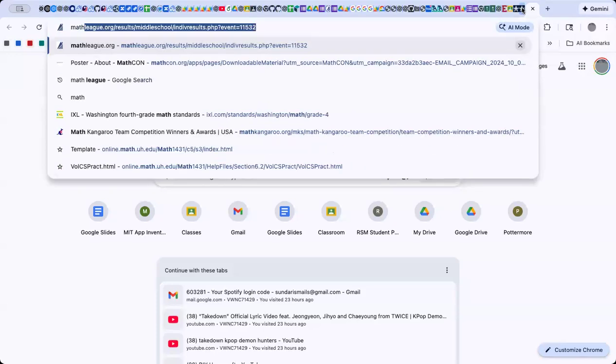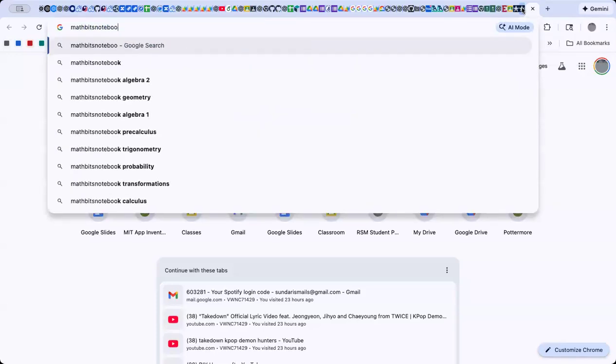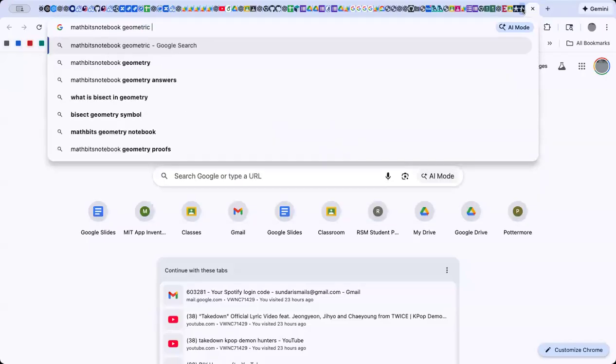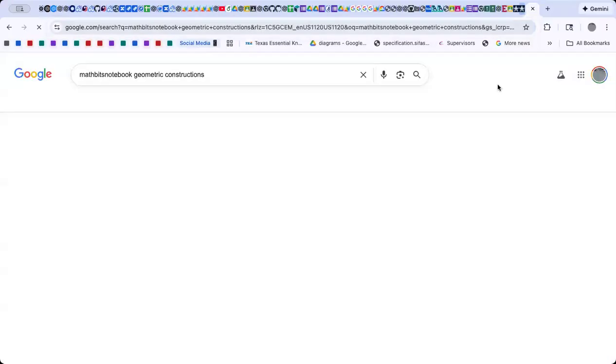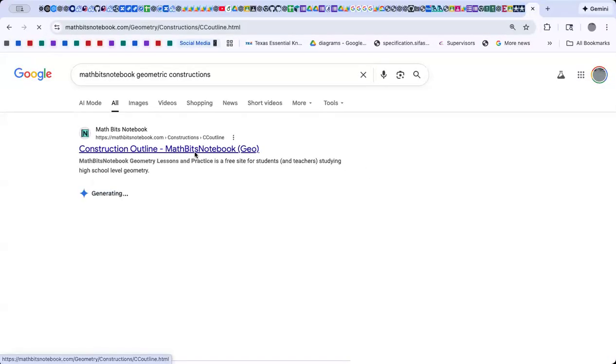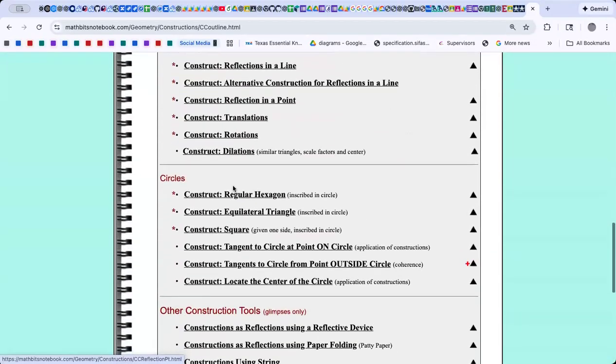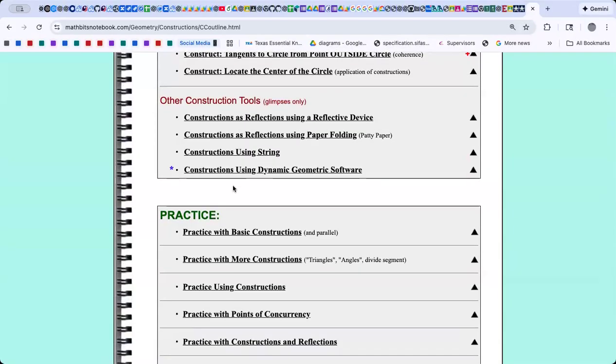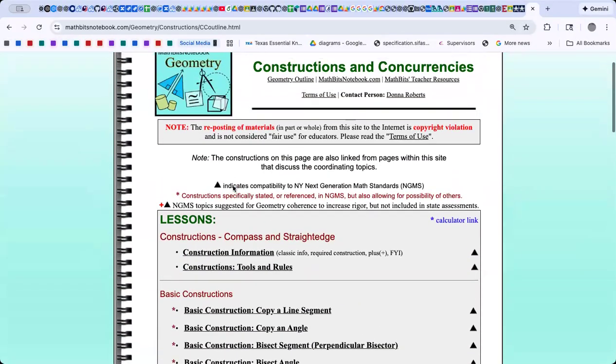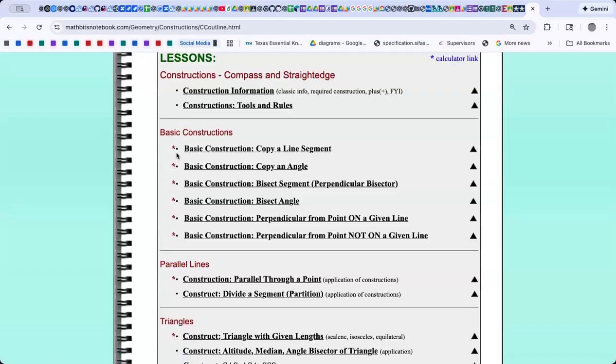I have always told you about the Math Bits notebook. Please note it down, guys: Math Bits notebook, geometric constructions. It's so important that you go through this one. You don't need to know everything, 100% you don't, but I have gone through some of these with you.